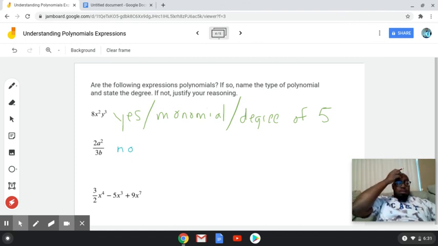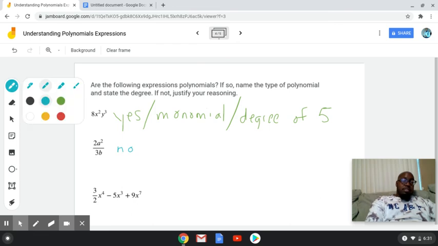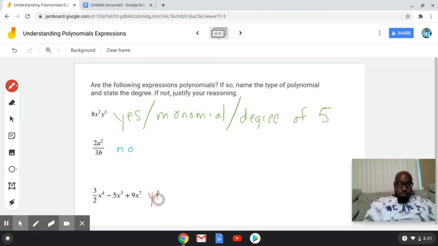Is this algebraic expression a polynomial? The answer to that one is yes, it is. So yes, this is a polynomial. What is the type, or what is the name of this polynomial?